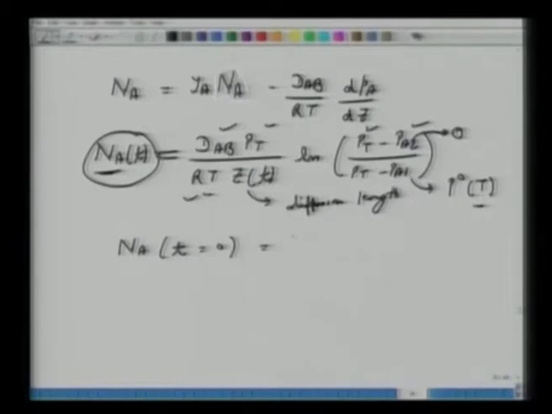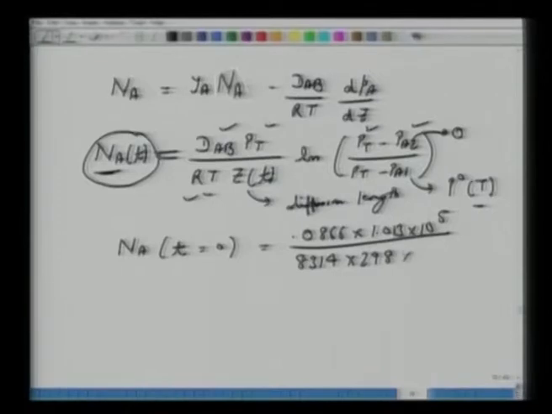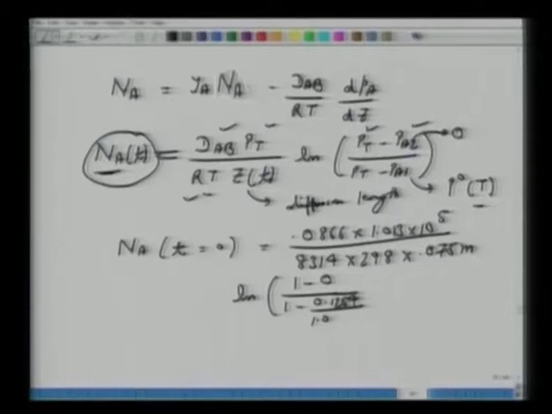We have DAB given as 0.0866, total pressure 1.013 times 10 to the power 5, divided by R 8314, 298 into Z, which is 7.5 centimeter, that is 0.075 meter, ln of 1 minus 0, if we divide by PT, 1 minus the vapor pressure, given as 0.1264 divided by 1.013.